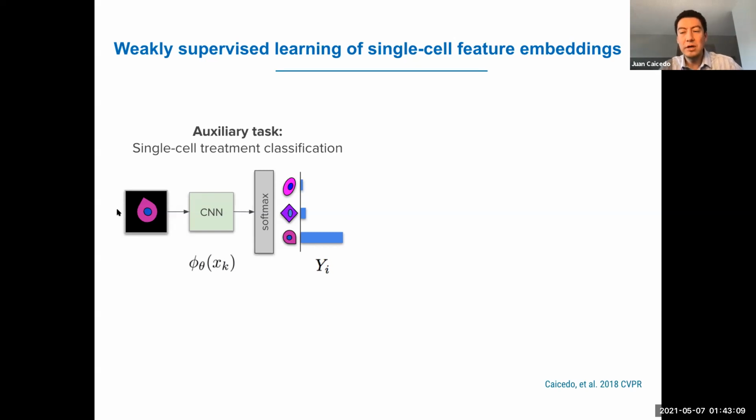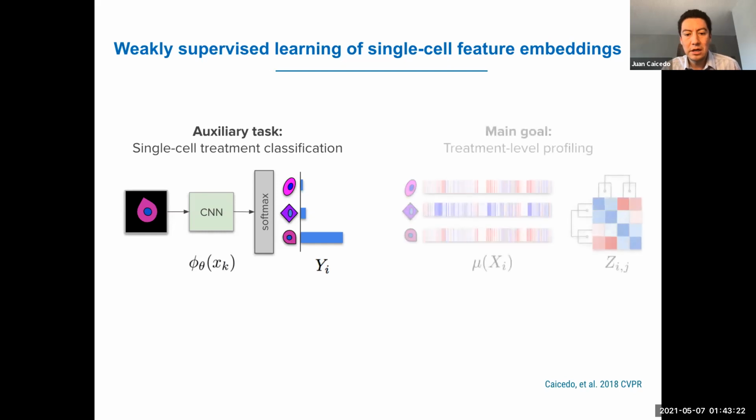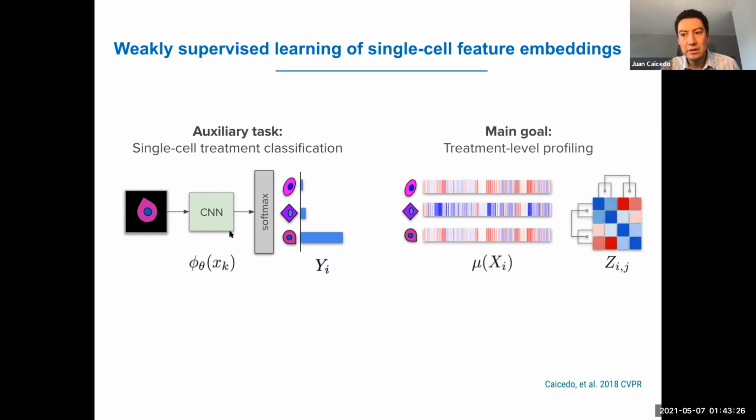What we don't know is if the compound works or not. So the network has to make this classification decision, but we don't care about the classification because we already know what was the compound applied to the cells. What we want is the features that the network comes up with in order to organize those cells in a meaningful way, because those features are going to tell us whether the compounds are similar or not.